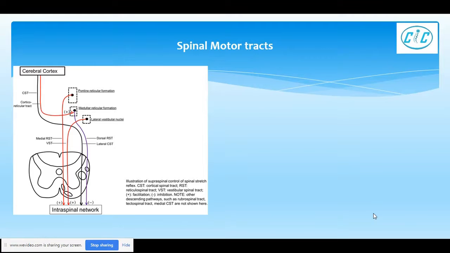And these are motor tracts that are found in the spinal cord, but again, not all of them. And one of them is the corticospinal tract. As the name suggests, it is coming from the cortex and it goes to the spinal cord.